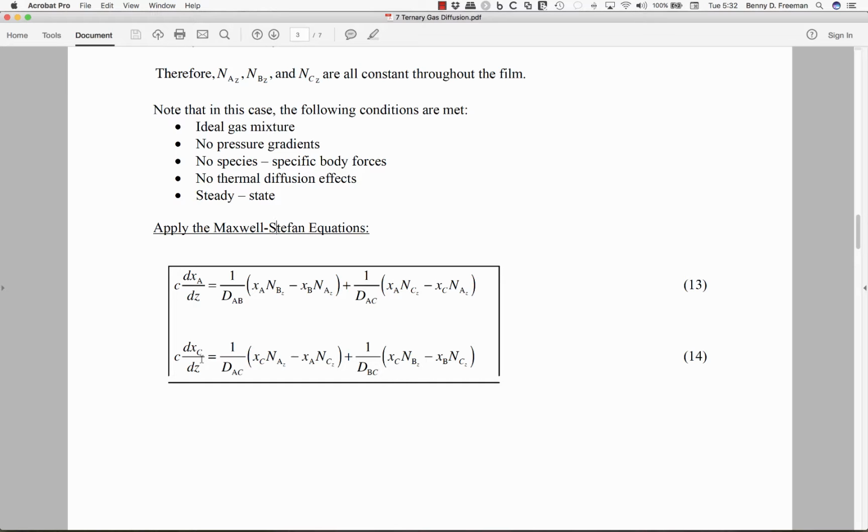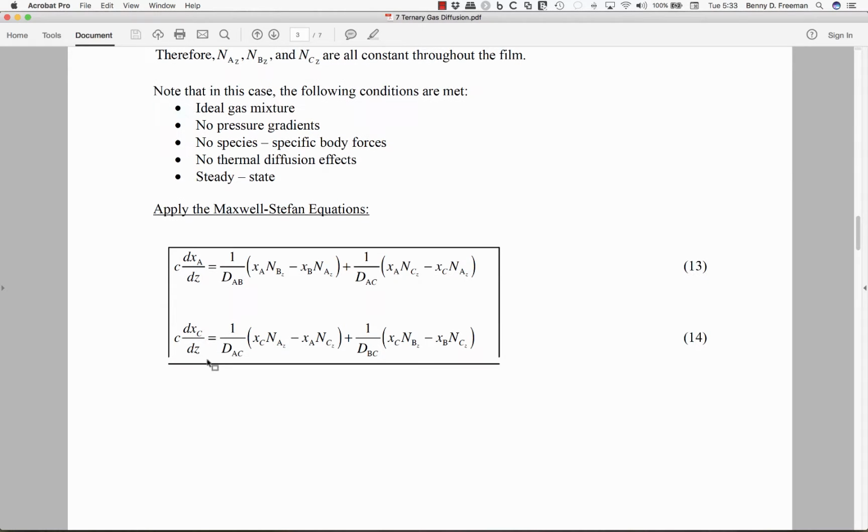So only two of these mass balances are actually independent of each other. And so I've written the Maxwell-Stefan equation for one of the reactive species. I picked A. You could just as well have written that for B if you wished. And also I've written it for the inert case.